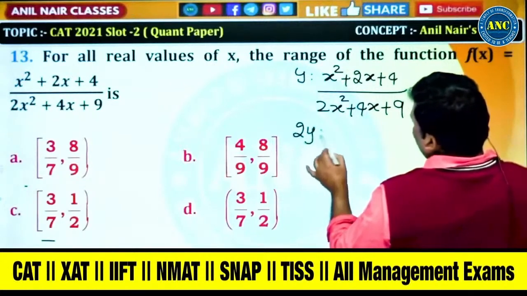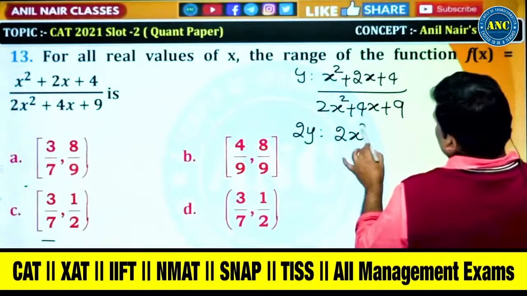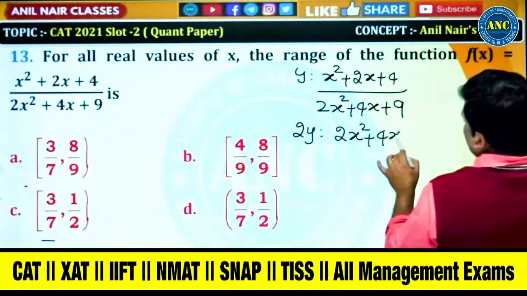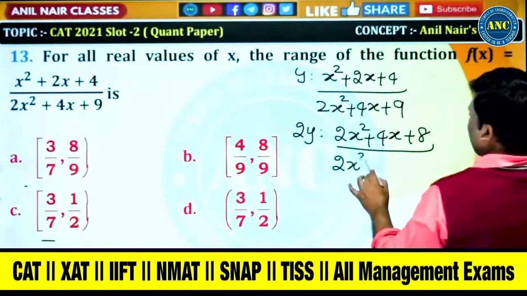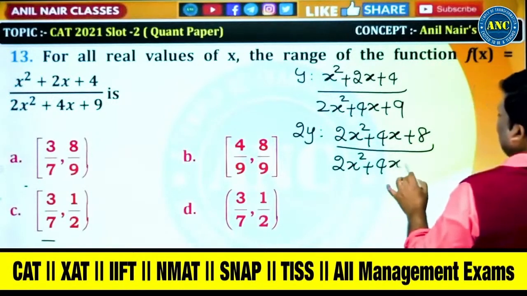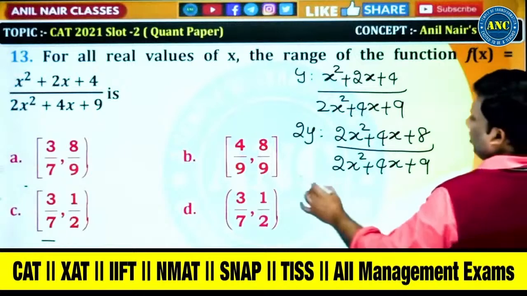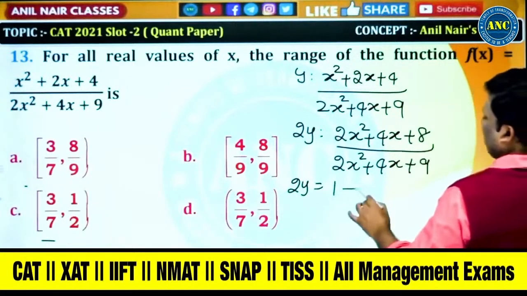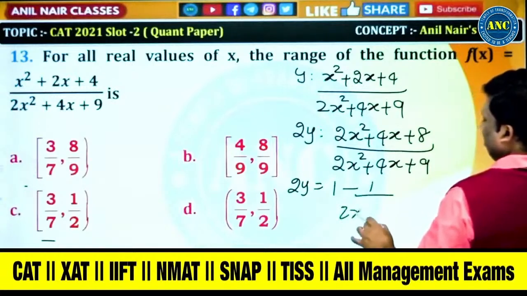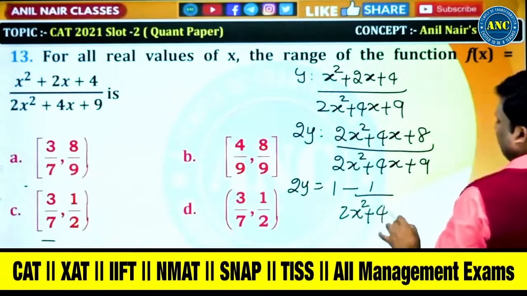So 2y will be 2x square plus 4x plus 8 divided by 2x square plus 4x plus 9. So this will be 1 minus 1 by 2x square plus 4x plus 9.